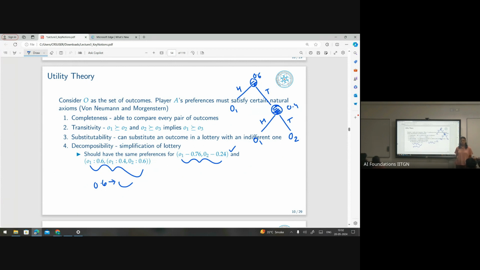But if I flip again, then that's 0.4. So multiply 0.4 by 0.4, that is 0.16, plus 0.6, gives 0.76. Can everybody verify it's 0.76?